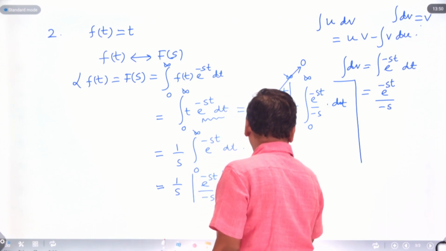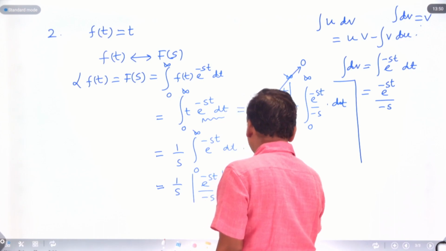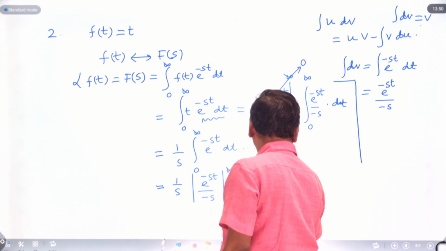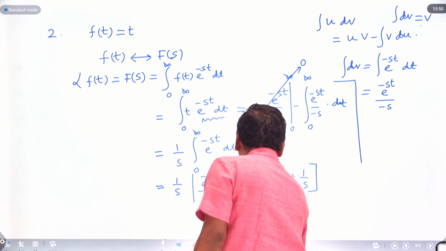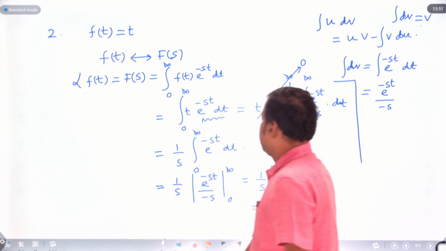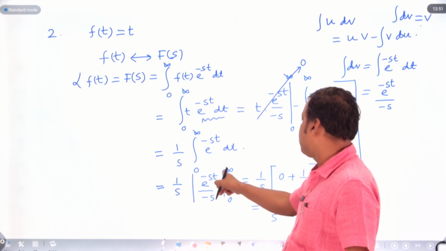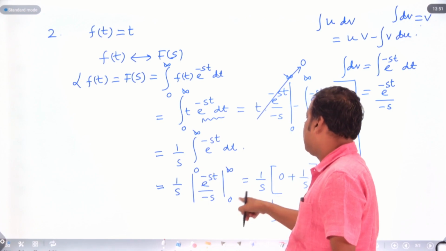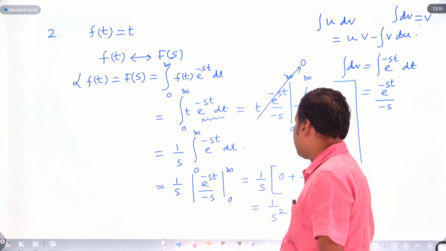Minus and minus gives plus 1 by s, and it is nothing but 1 by s square.